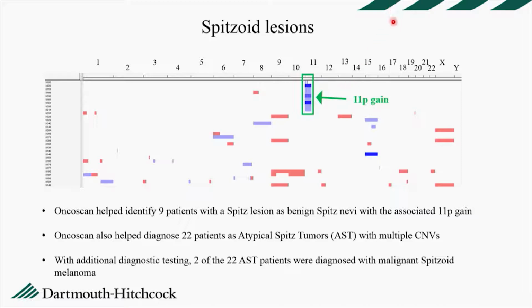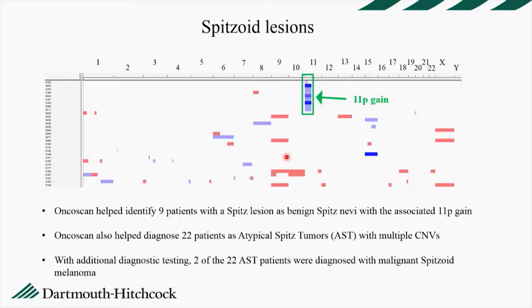It is known that the majority of Spitz nevi, not necessarily this cohort alone, but in general, will have a normal chromosomal complement, while about a quarter of cases will tend to have chromosome 11p gain. And in our cohort, we indeed found 9 patients did contain the characteristic 11p gain, indicating that these were likely the benign Spitz nevi, or indeed a different type of benign Spitzoid proliferation.